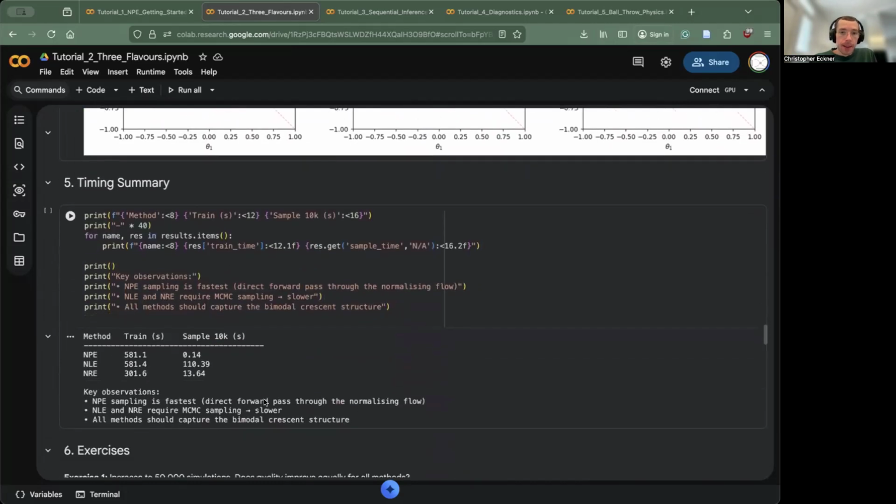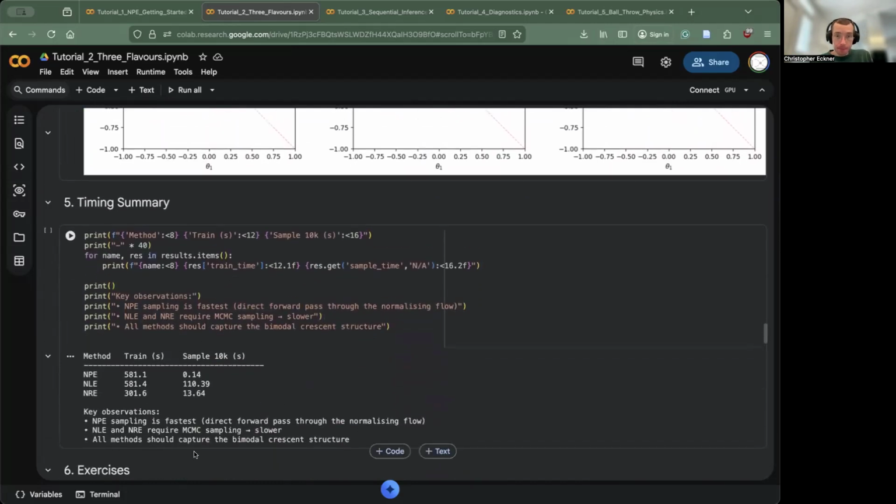Right. And exactly, as I said, you clearly see that looking at the timing, neural ratio estimation is the fastest in terms of training the network itself because of all the intricacies that come with it and where it can make shortcuts in terms of architecture and learning posteriors.